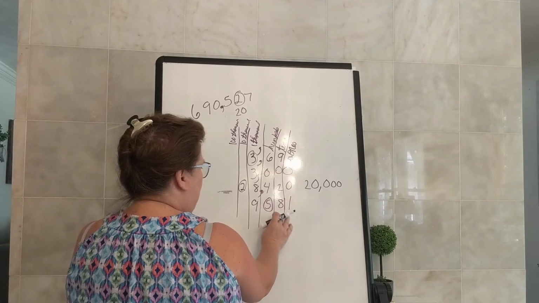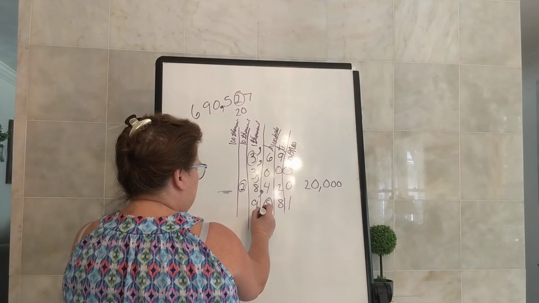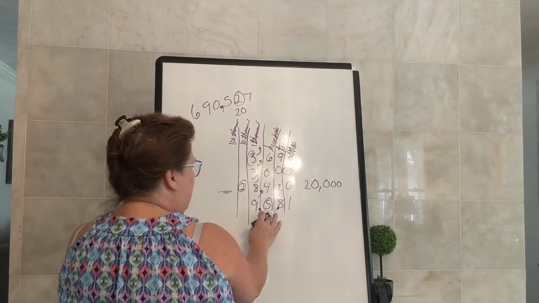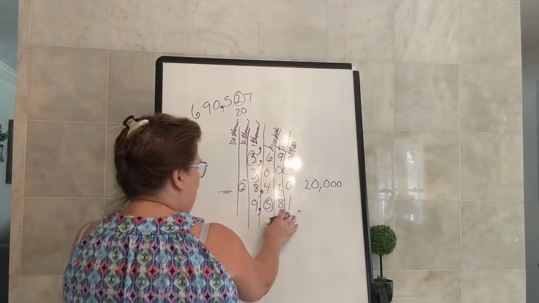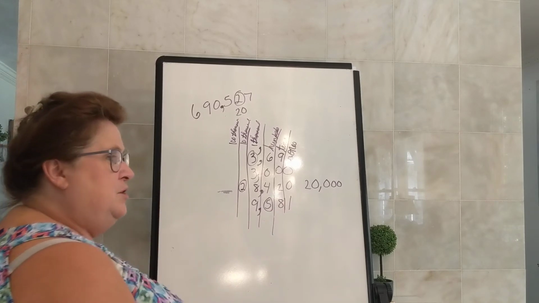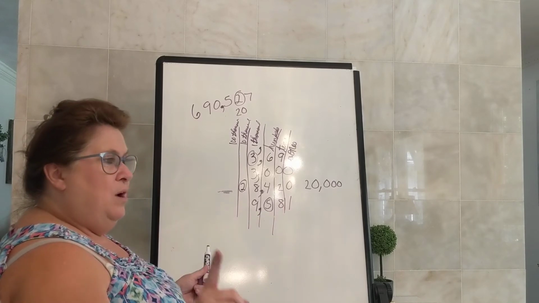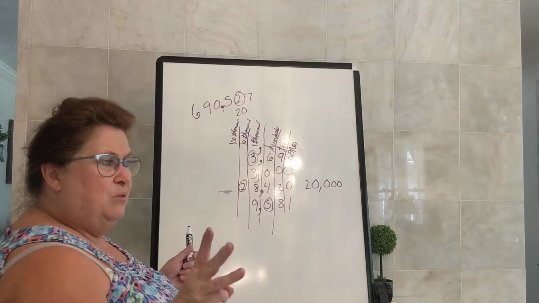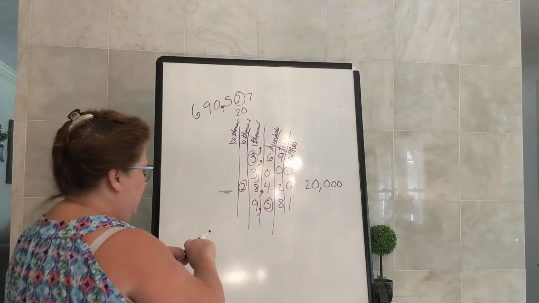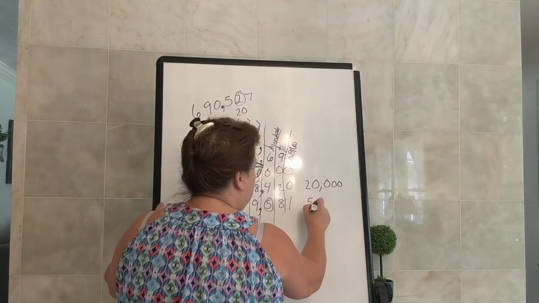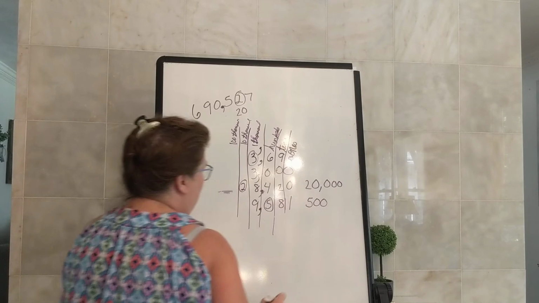We count over 1, 2, 3. We have 9,581. So if we have 5 in the hundreds place, ones, tens, hundreds, we have 100, 200, 300, 400, 500. So the value of our 5 there is 500.